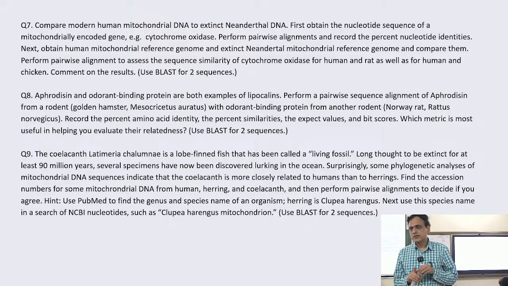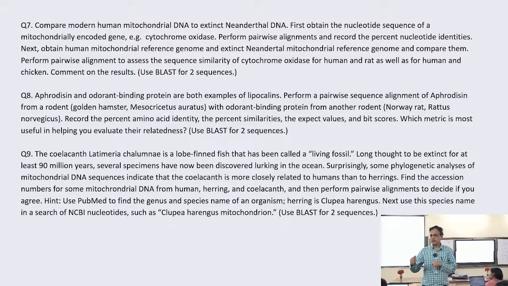The question is whether coelacanth is more closely related to human than to herring. So you want to compare coelacanth with human and coelacanth with herring. Do you have the data for coelacanth with human?